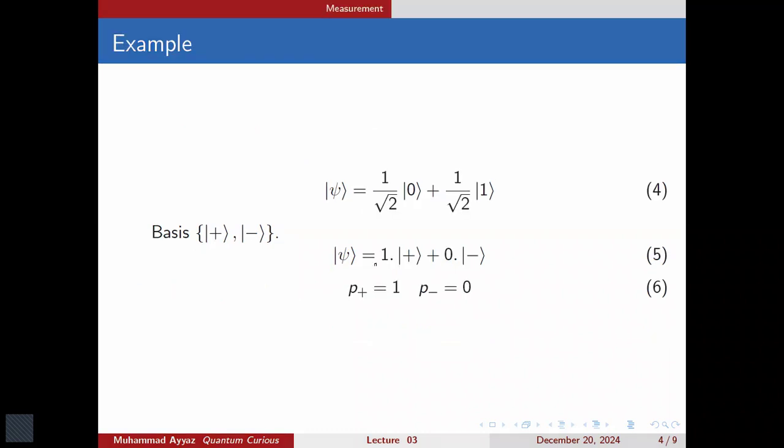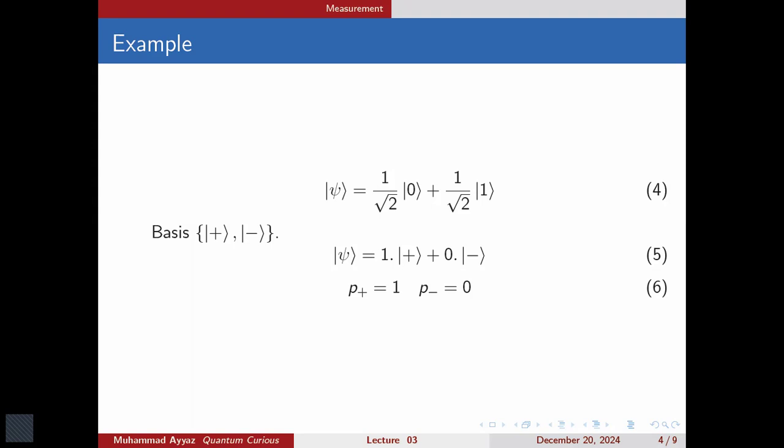So we have a state in equation 4, the superposed state of 0 and 1, written in the standard basis. Our first goal is to write the given state in the Hadamard or diagonal basis, that is the basis plus and minus. We can write this in terms of the plus and minus basis in equation 5.